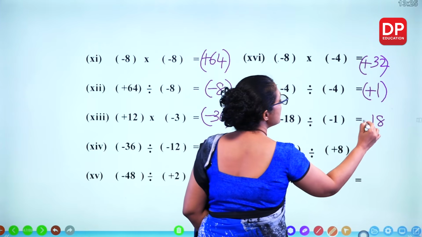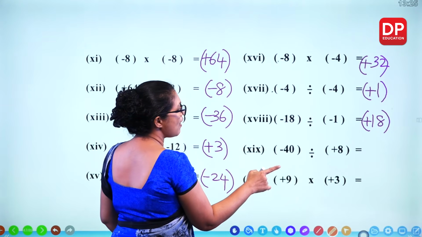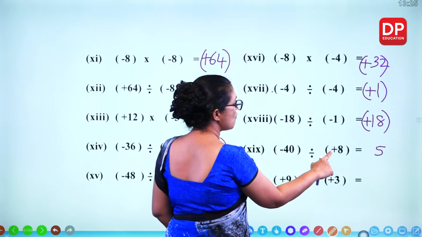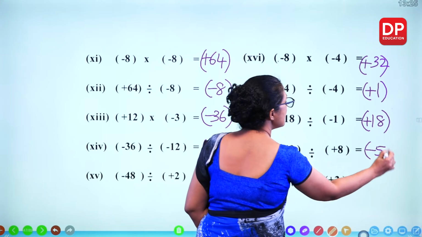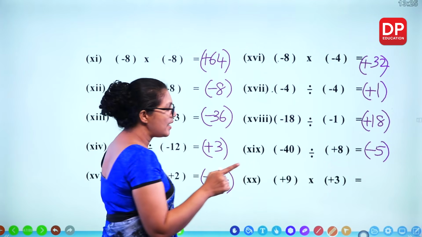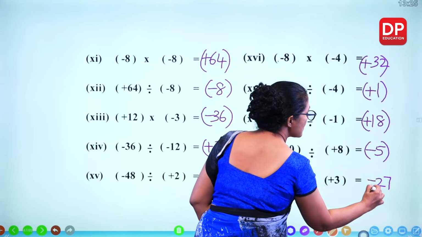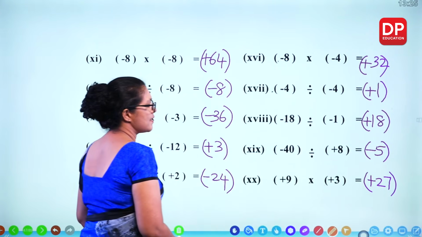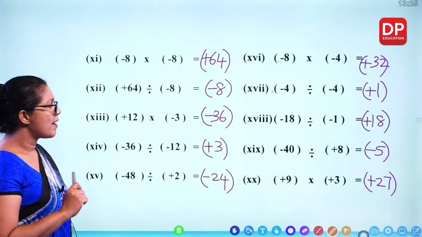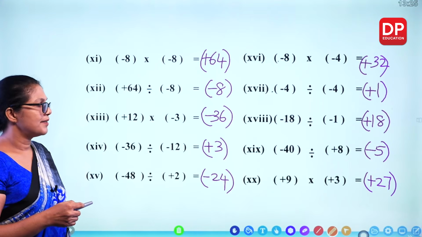Both negative, that's plus. 40 divided by 8, that's 5. One negative, one positive means you get minus. 9 times 3, 27. And both positive means answer is positive. So that's not hard. You can just multiply the numbers and then decide the sign.